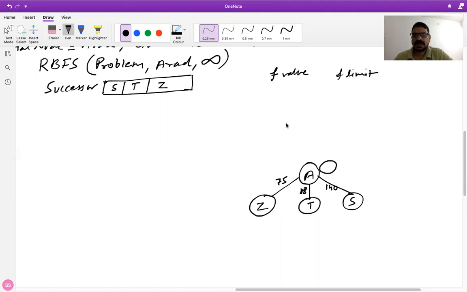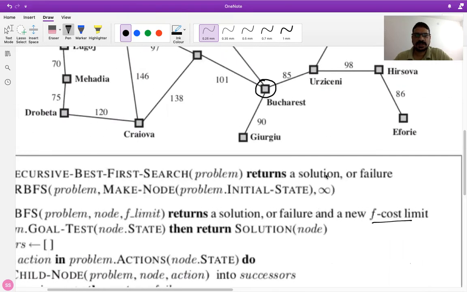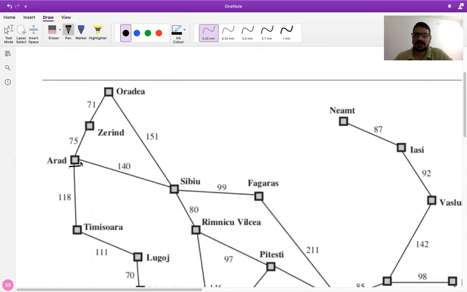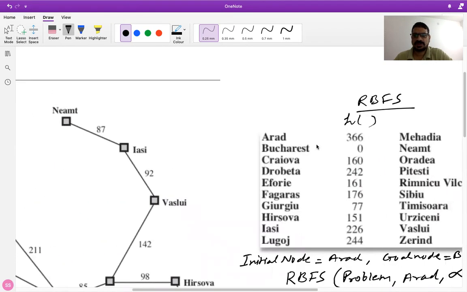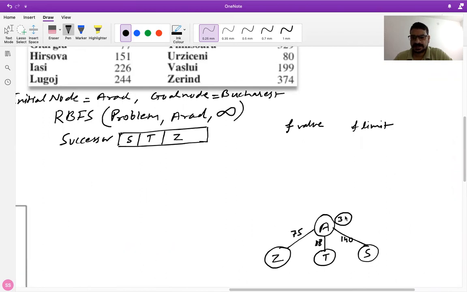What is the f value for each and every node? The f value is the path cost plus heuristic. I am in Arad, so the path cost is 0 and the heuristic value is 366. So 0 plus 366 is 366, my f value.